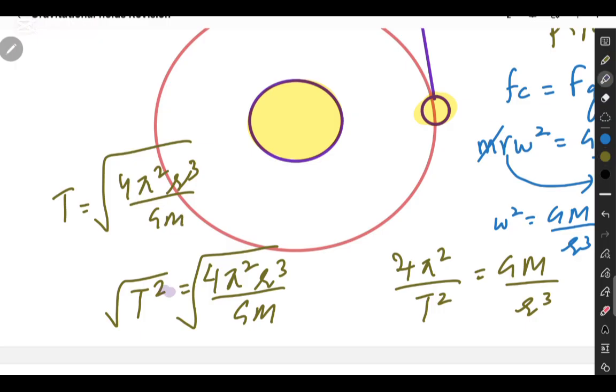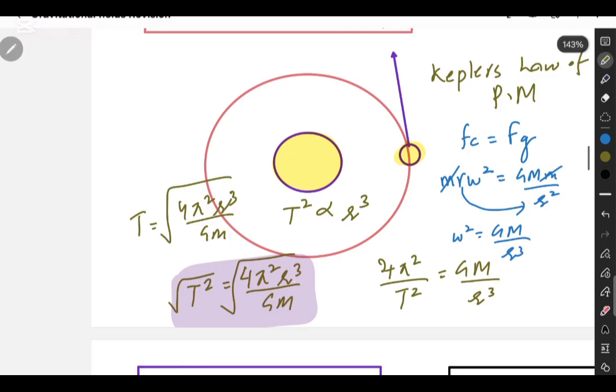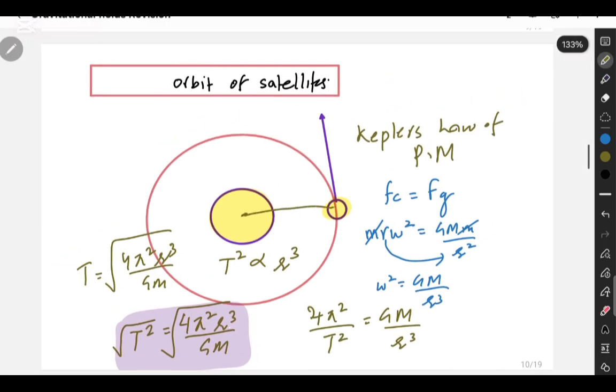And Kepler's law actually stops right over here. This is actually Kepler's law. You can remove the square root. So Kepler's law says that the time period square is directly proportional to r cubed, okay? Where r is the radius of the orbit. Okay, so that's one thing you have to keep in mind as well. Very, very important, this concept.